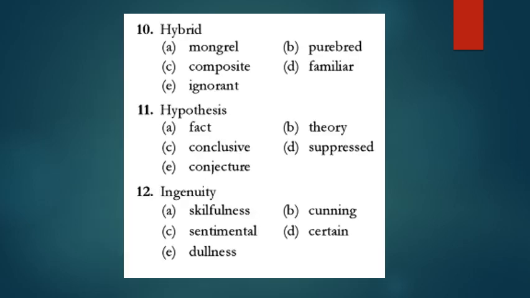Hybrid: mongrel, purebred, composite, familiar, ignorant. Hypothesis: fact, theory, conclusive, suppressed, conjecture. Ingenuity: skillfulness, cunning, sentimental, certain, dullness.